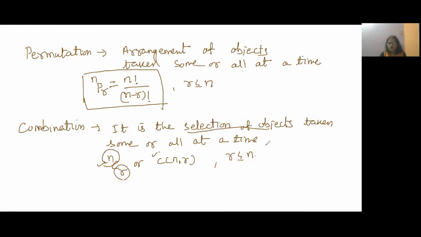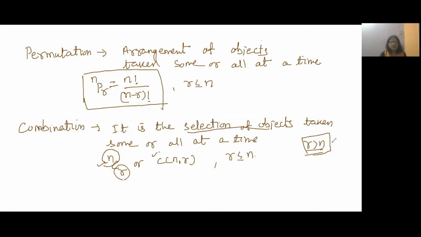Out of 30, maximum you can select 30 students. Out of 30, you cannot select 35 or 40 students. Is it clear? So it means r less than equal to n. If r is greater than n, it is not possible. So the number of combinations of n objects taken r at a time when r is greater than n can be considered as 0.